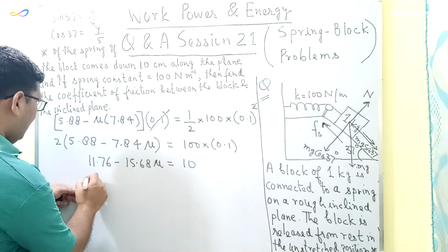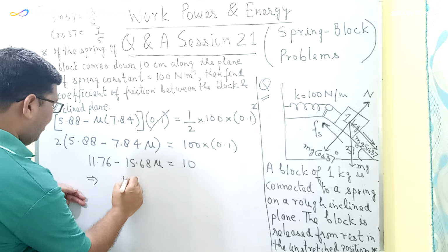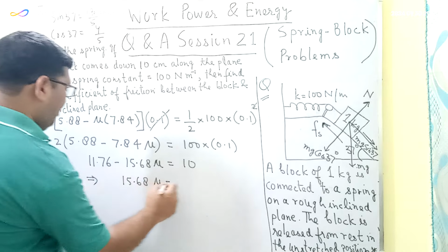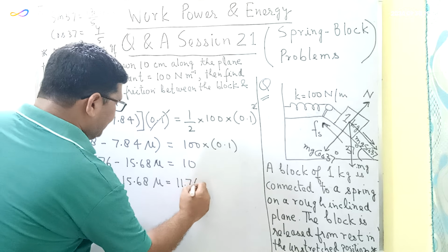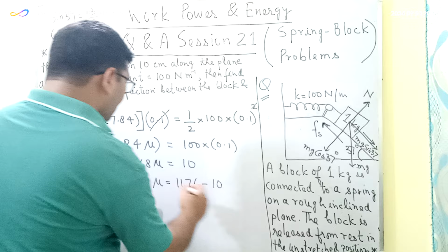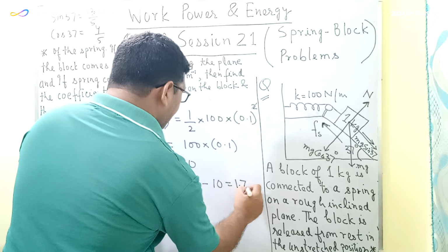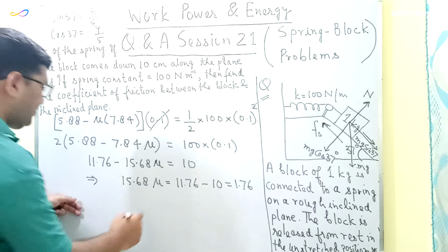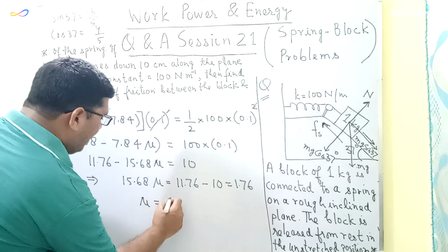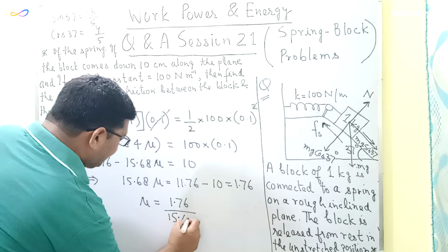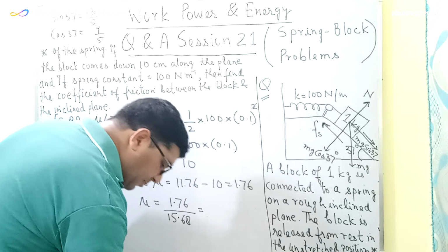So from this I am getting 15.68 mu is equal to 11.76 minus 10, which is equal to 1.76. So mu is equal to 1.76 divided by 15.68.